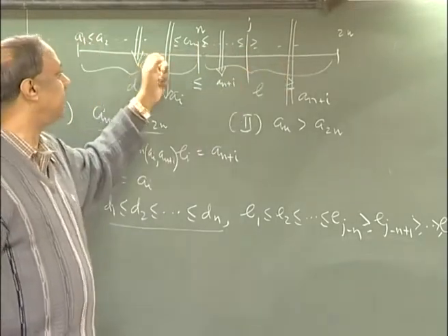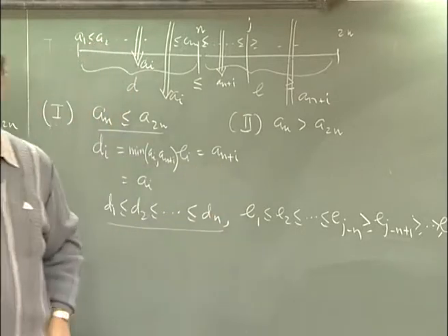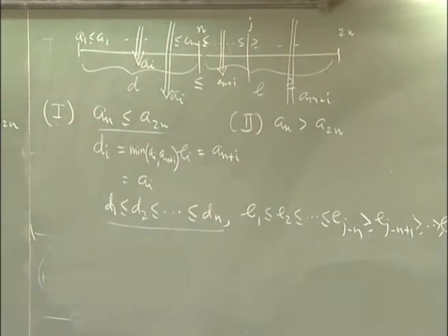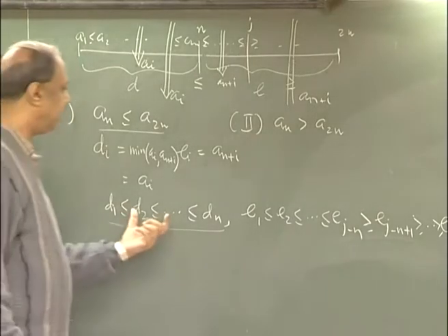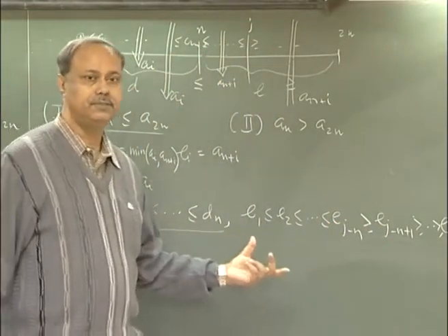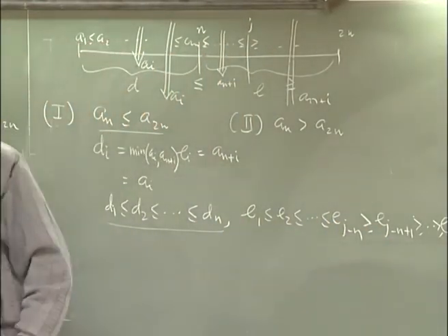So this becomes Di, this becomes Ei. Agree? So this becomes the D sequence, this becomes the E sequence, and both of them are bitonic sequences, first part.